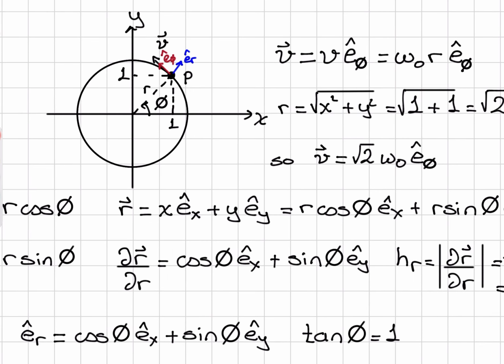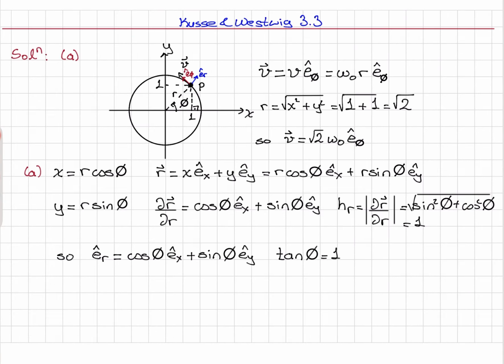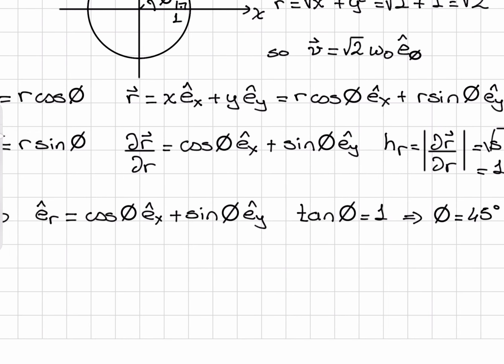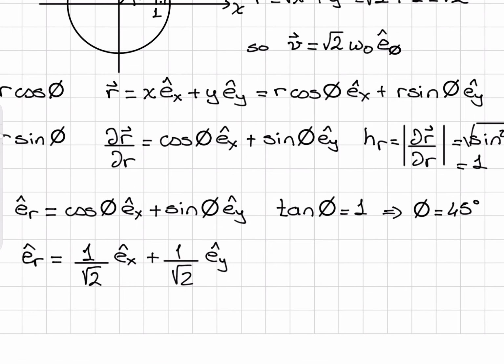So we have this right triangle here, 1 divided by 1, so tangent phi is equal to 1, which means the angle phi is 45 degrees. All right, and cosine 45 and sine 45 are equal. They're equal to square root 2 over 2, or 1 over square root 2. So we can write this as 1 over square root 2 e x hat plus 1 over square root 2 e y hat. So that's our unit vector.